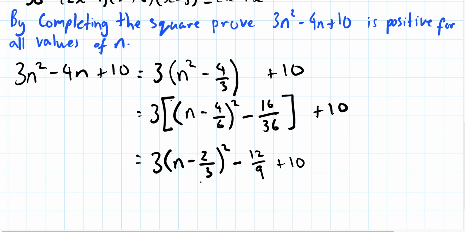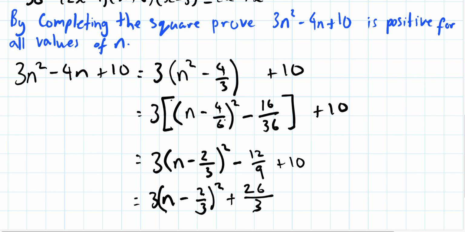And then you add the 10 from the side, so that equals 3 times (n minus 2 over 3) squared, plus, okay, I could divide both by 3 again, so that will give me 4 over 3 plus 10. That'll give me 26 over 3.